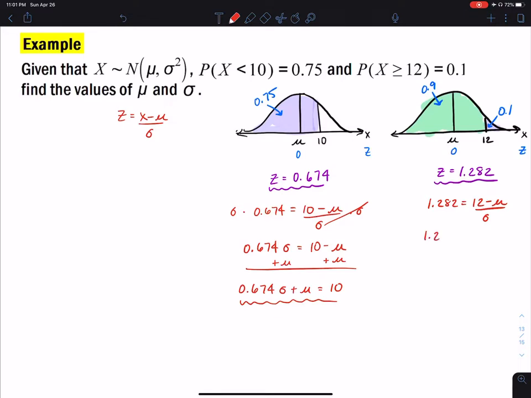So once you've seen it done once, you can kind of speed that process up. So you multiply both sides by sigma, so it's gone on the right side, and then add mu, so you've got 1.282 sigma plus mu is equal to 12, and you've got that where you want it.